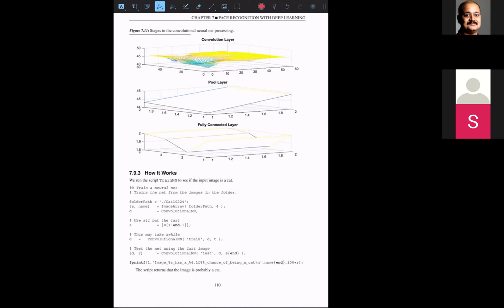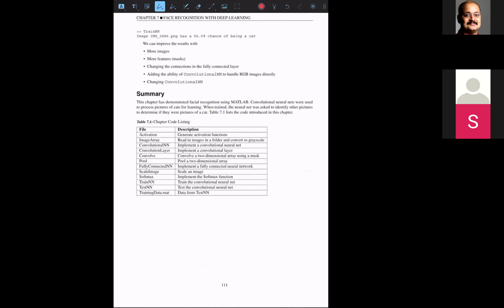But at the end, when you combine that together, you will get some result, something like this. And please note, this is in no way as sophisticated as the MATLAB toolbox for neural networks, but you can see how that neural network is working. Once you run that code, it will take about 10 minutes to get the result.